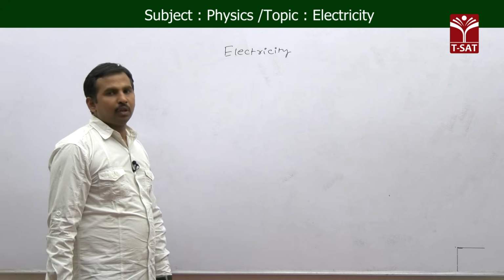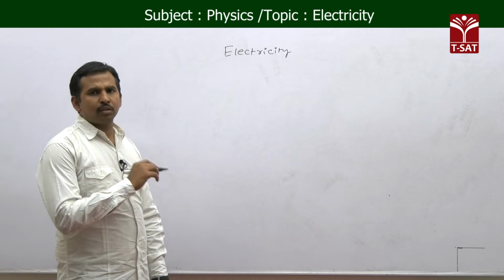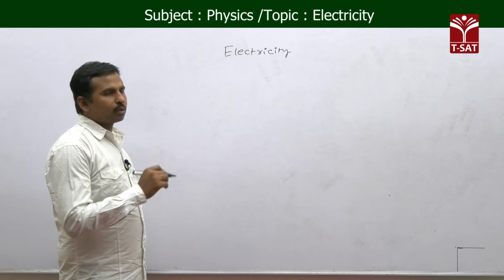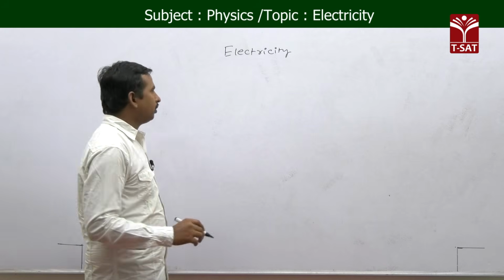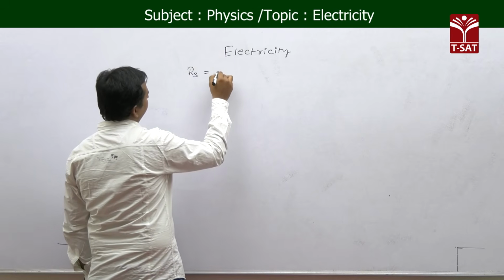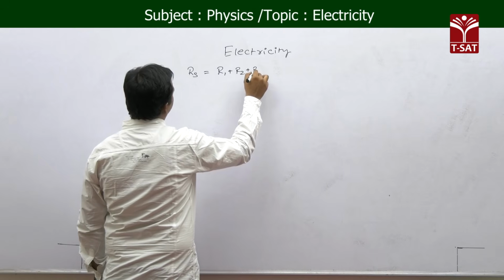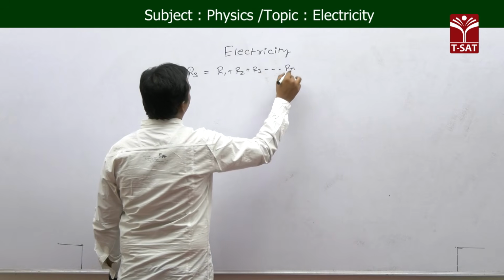Now we will see how to apply this parallel and series connection in numerical problems. As we got, whenever resistances are connected in series, the final value is R1 plus R2 plus R3 and so on to Rn.